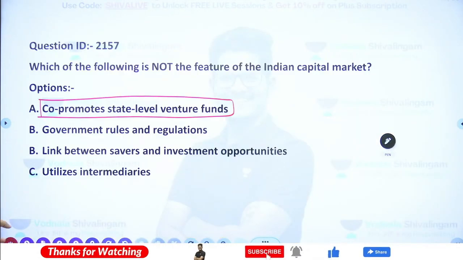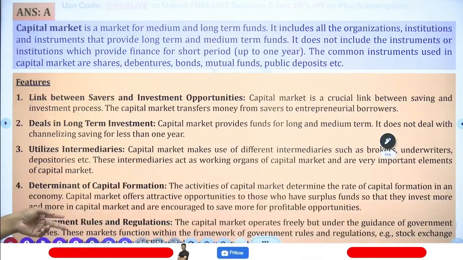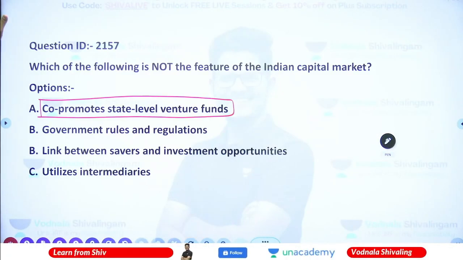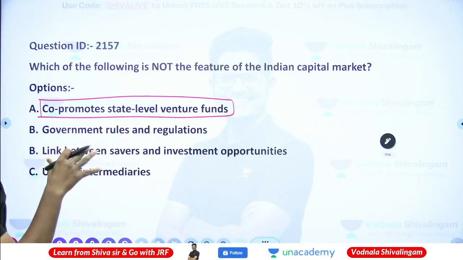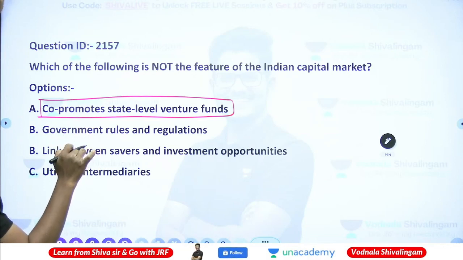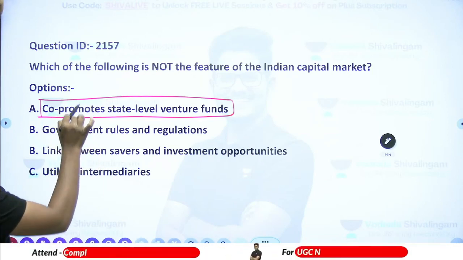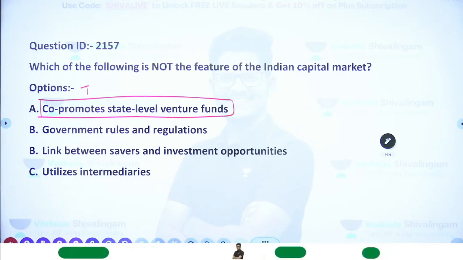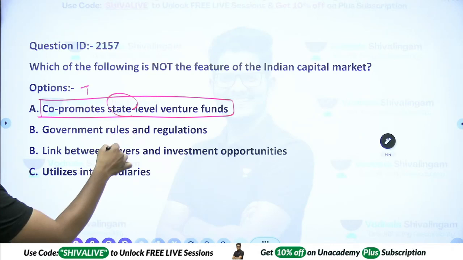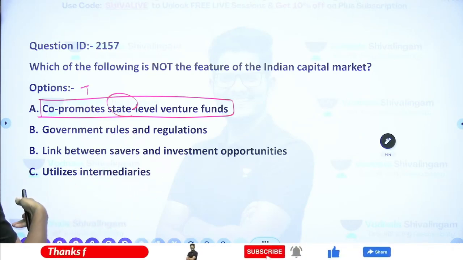The capital market will not promote any state level or central level venture fund. They are not even interested. They will only trade. Mainly capital markets deal with the trade of securities like equity and preference. Maybe national we can think about it, but state level will not be promoted or co-promoted.